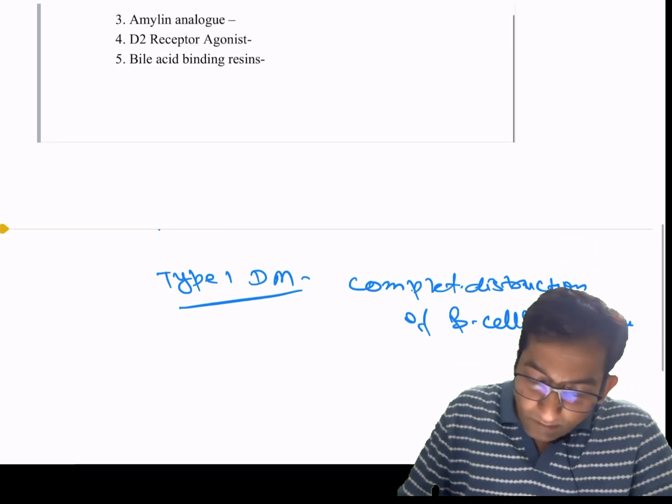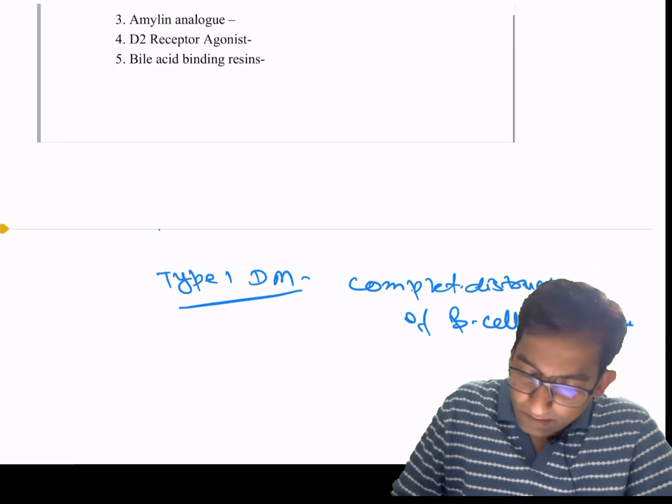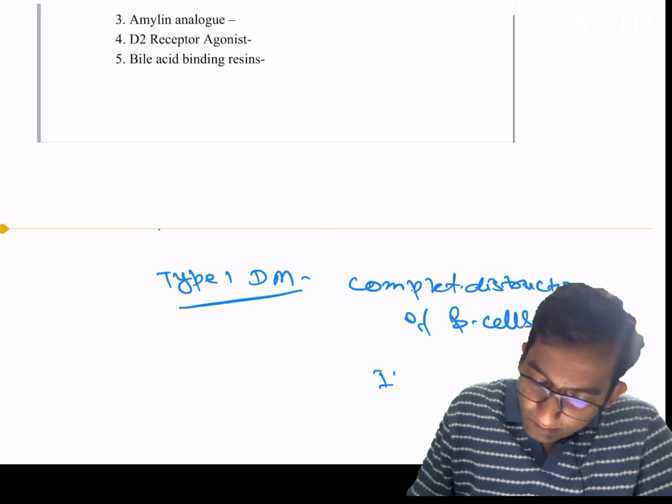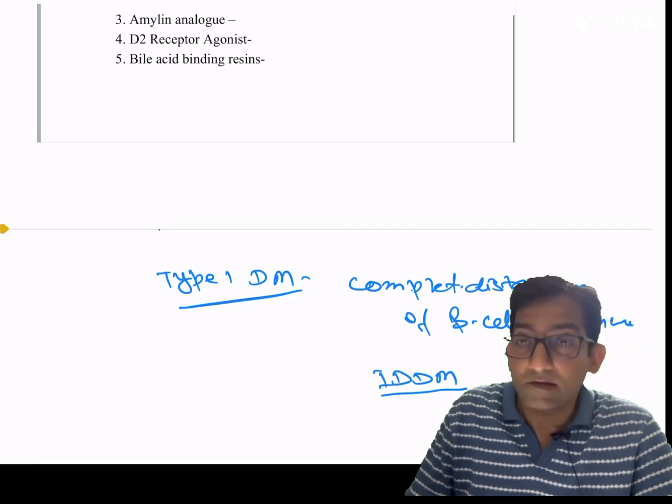Type 1 diabetes mellitus is also called insulin dependent diabetes mellitus, that is the IDDM.